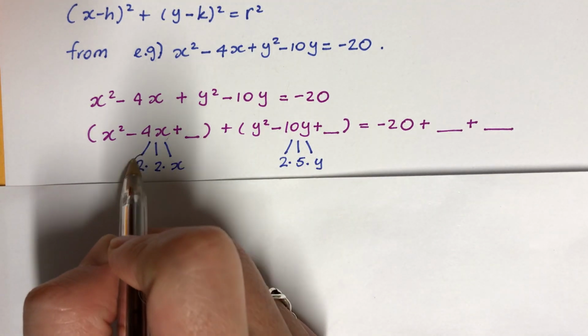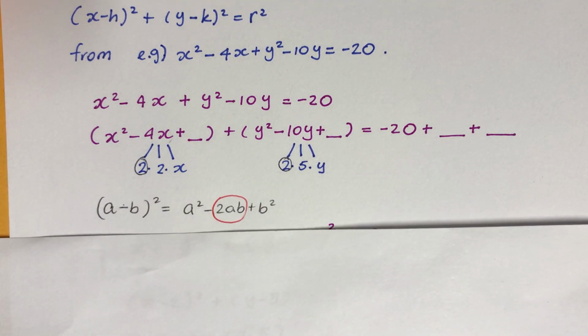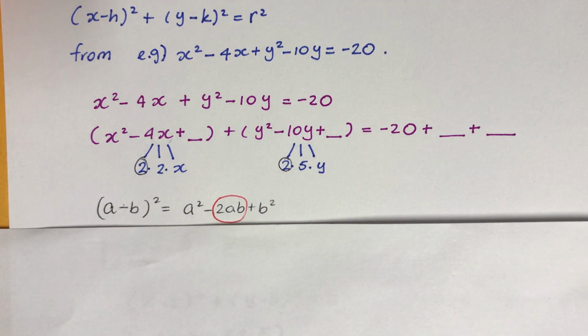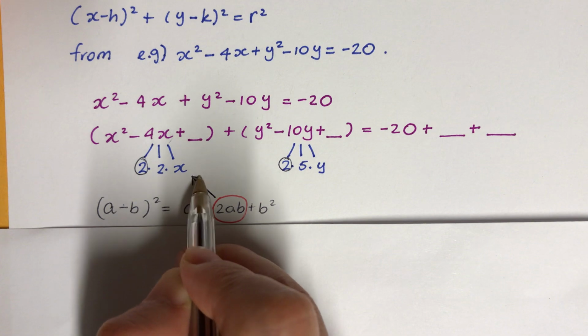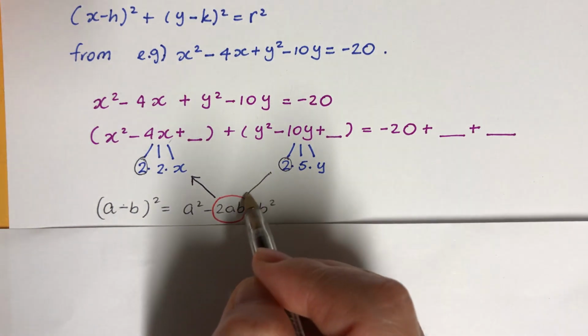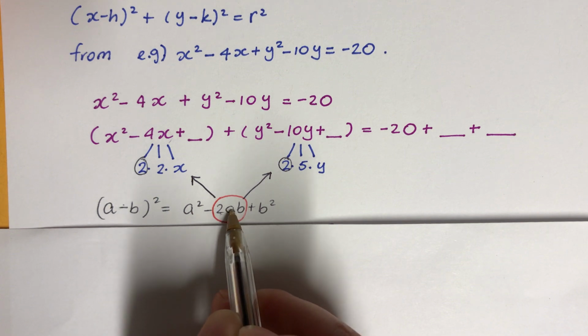Now keep that as a 2 as always, because perfect square, if you look at it, is (x minus b) squared equals x squared minus 2xb plus b squared, isn't it? So this is what these ones are, okay? So no matter what, we have to have a 2, and then there's a and b.